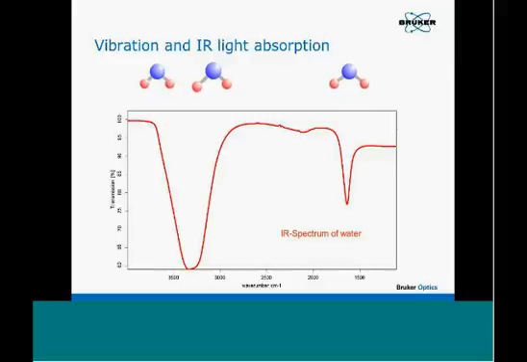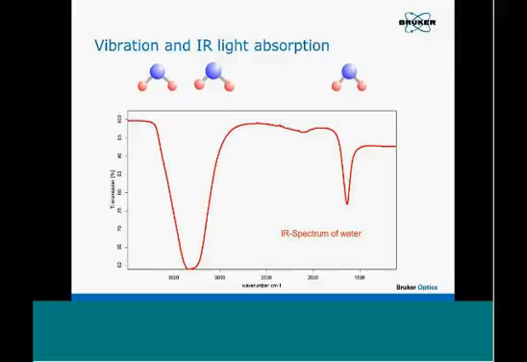The water molecule shows only two bands. One is a band around 3,400 wave numbers, related to the symmetric and asymmetric stretching vibration of the water molecule. And the big band around 1,600 is related to the scissoring vibration of the molecule. Okay, a simple molecule gives you a simple spectrum.